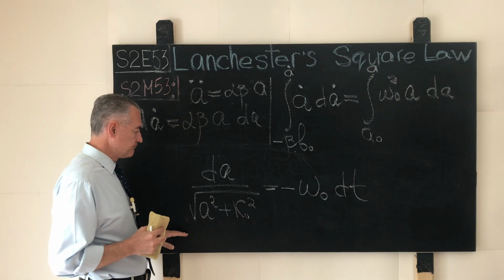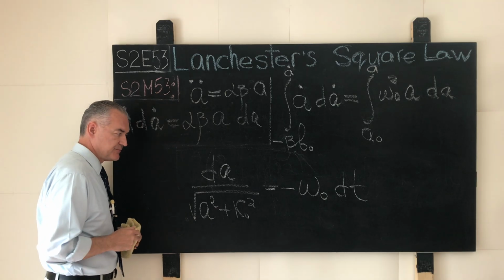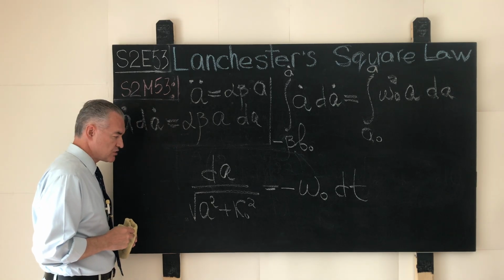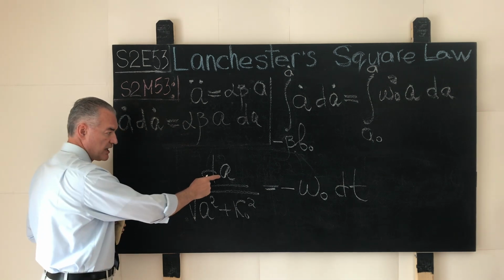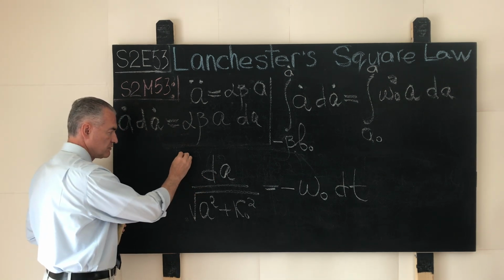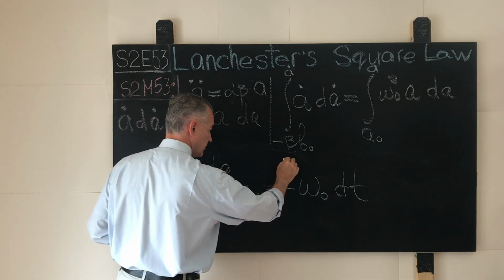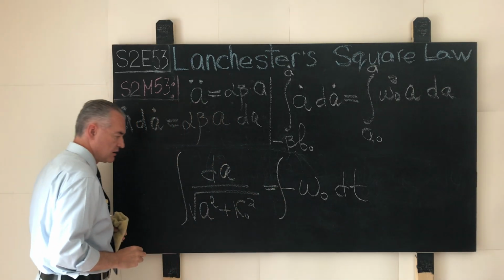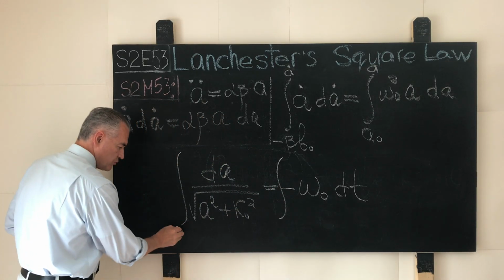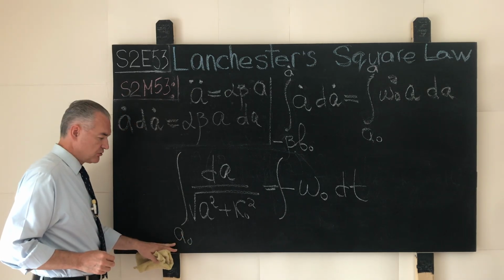And in our problem, what do the boundaries of this integration process tell us to be? What should they be? Well, A varies which way. If we integrate this side and we integrate this side, A should vary from A0 because this is the initial number of the fighting units of the army.